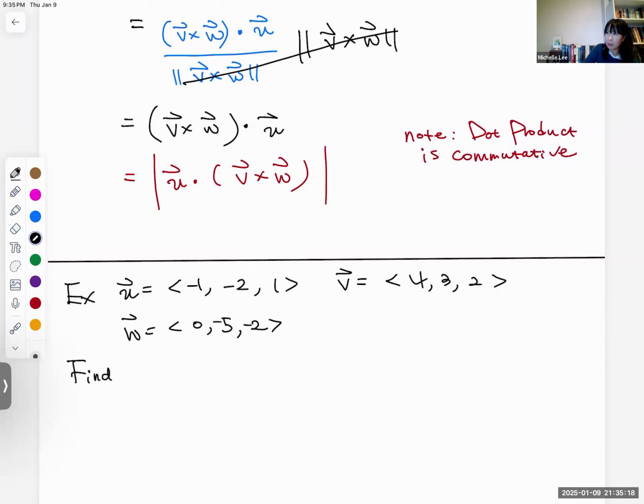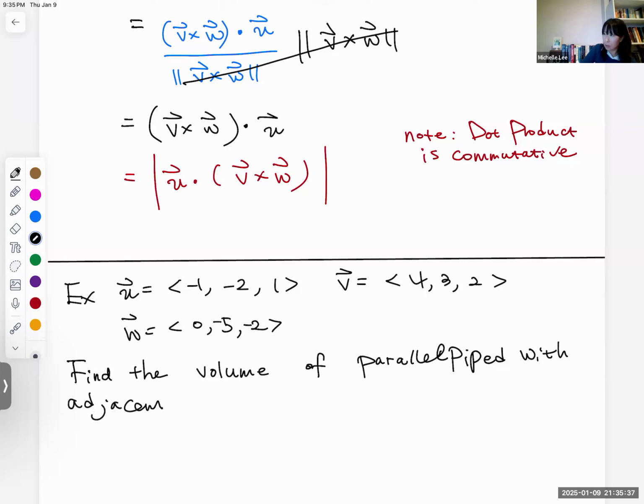Find the volume of parallelepiped with adjacent edges u, v, and w.